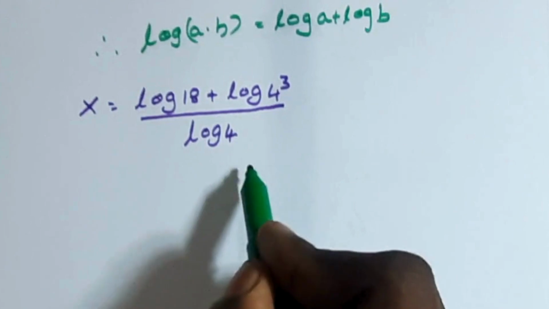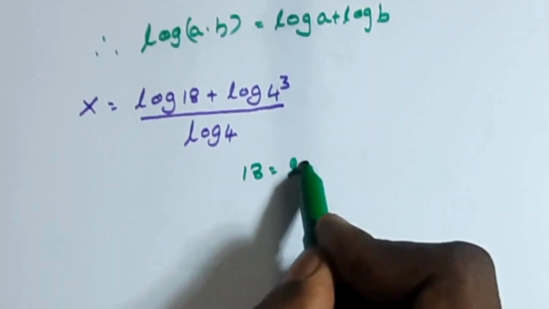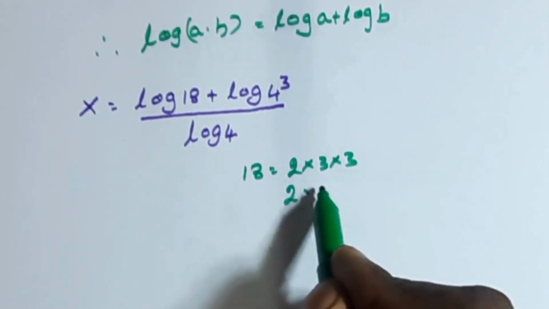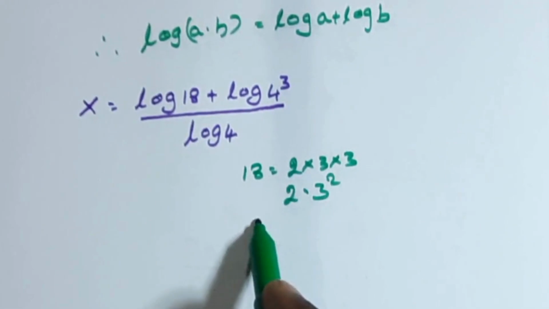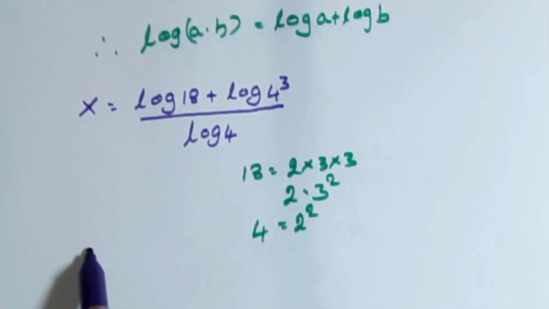Now 18 can be written as 2 into 3 into 3, 2 into 3 square. 4 can be written as 2 to the power of 2.